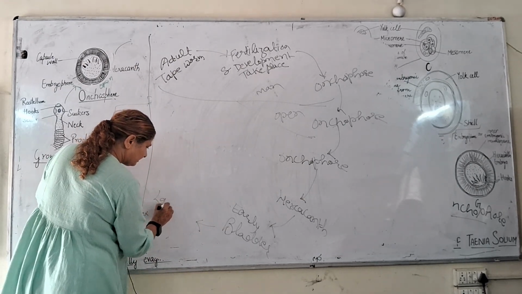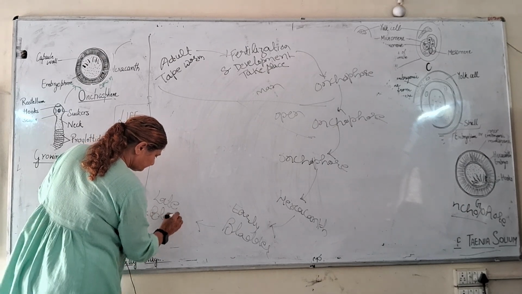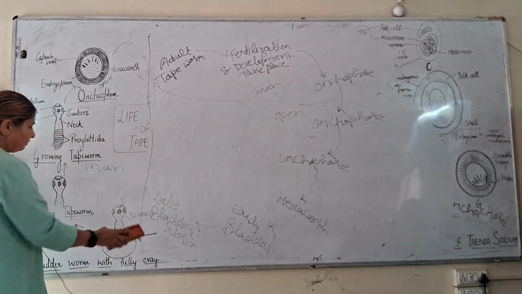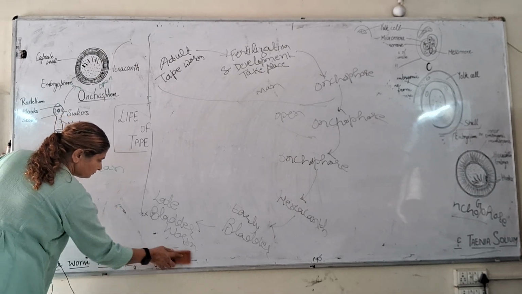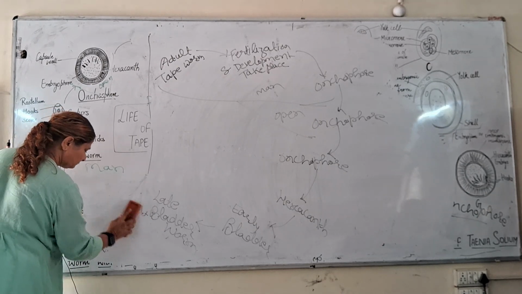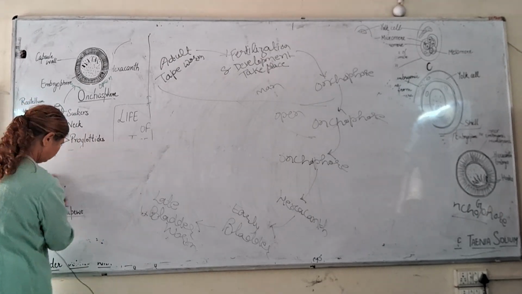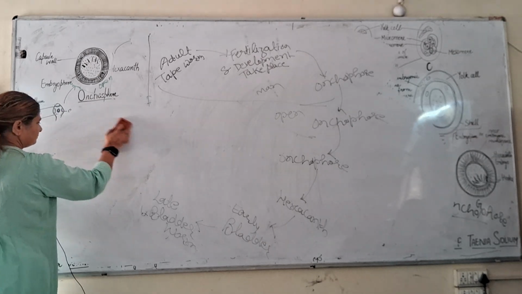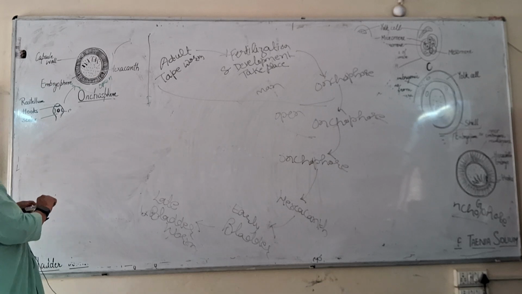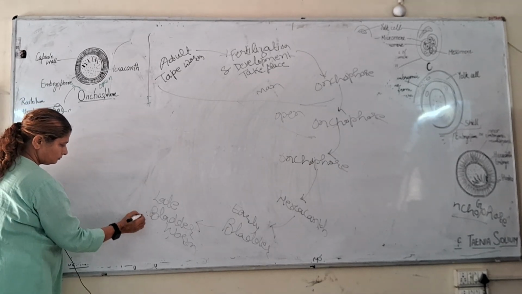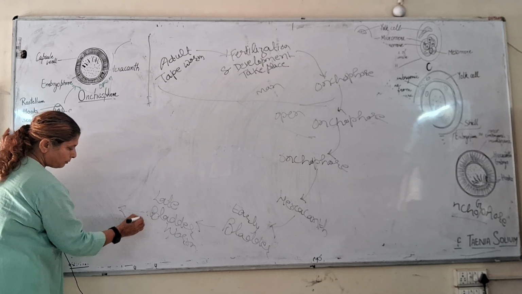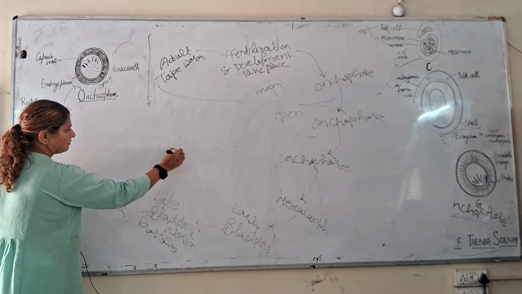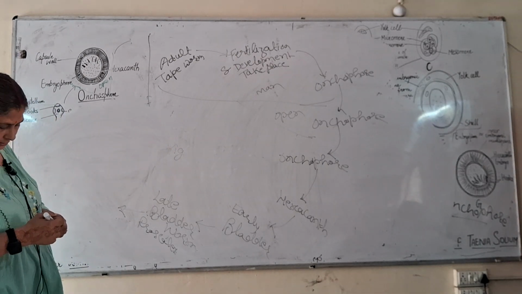Then the late bladder worm, meaning there is formation of proscolex. All these stages are in the pig.